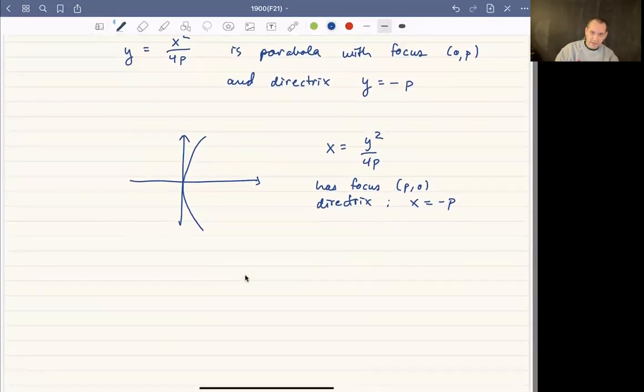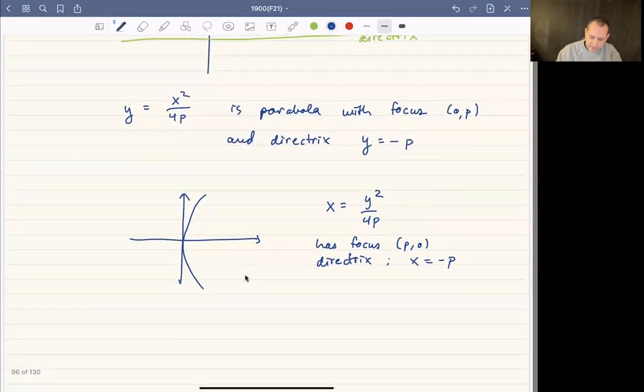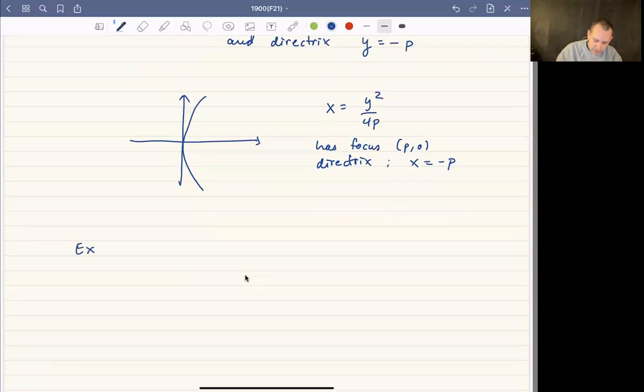Then if you change p to be a negative value, I've drawn both of these graphs with positive p values, but if you were to make p negative, for example y equals x squared over negative 8, this would be x squared over 4 times negative 2.